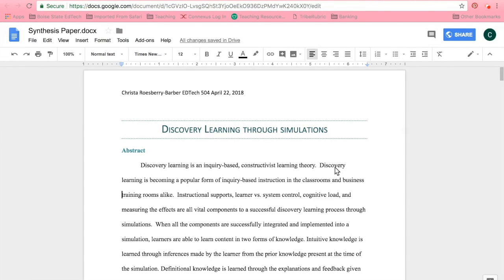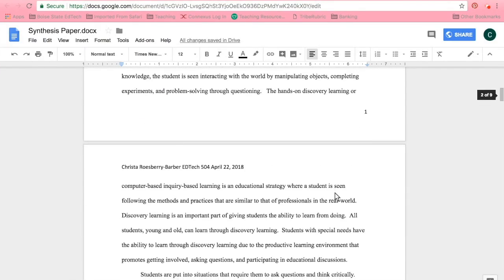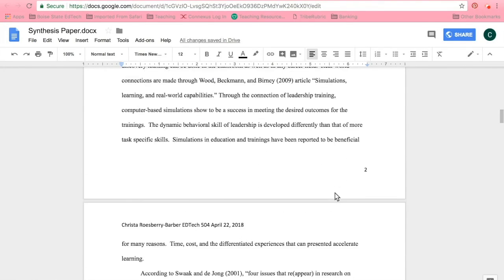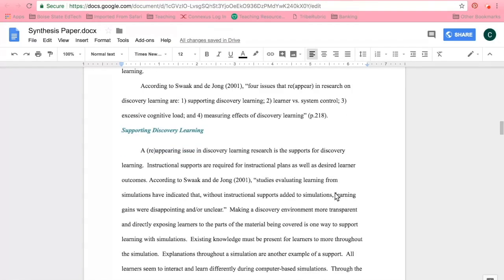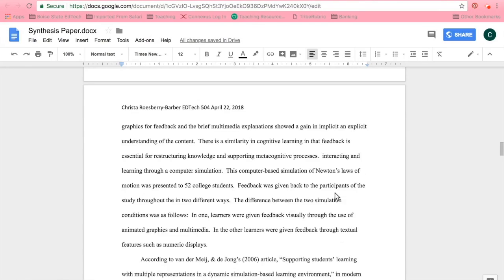There is a title, abstract, introduction, synthesized details of several articles that I researched with proper citation, all followed by a reference page at the very end on page 9.